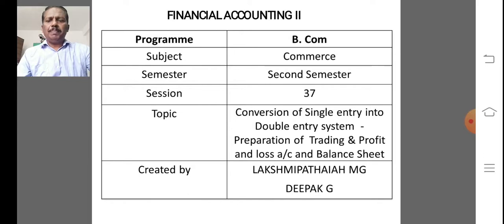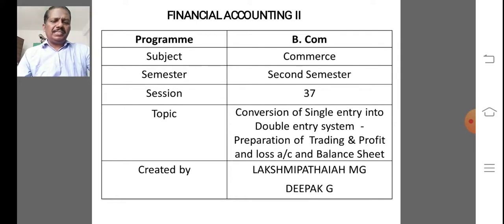Conversion depends upon the manner in which the books are maintained under single entry system. Single entry system does not provide all the information which is required to prepare trial balance and final accounts of a business.